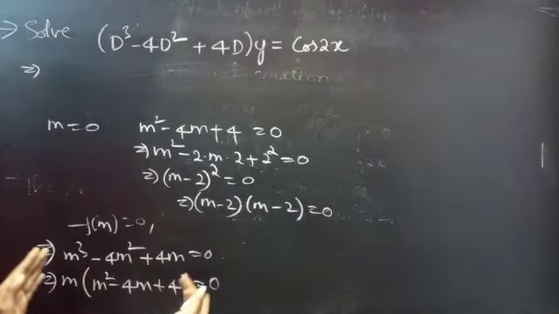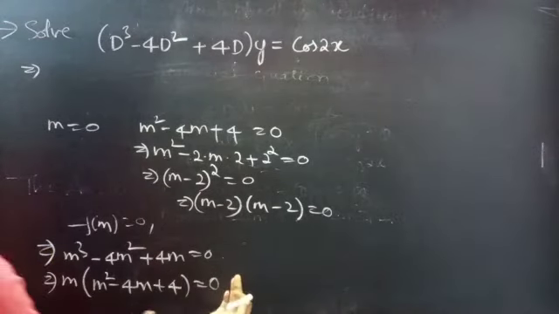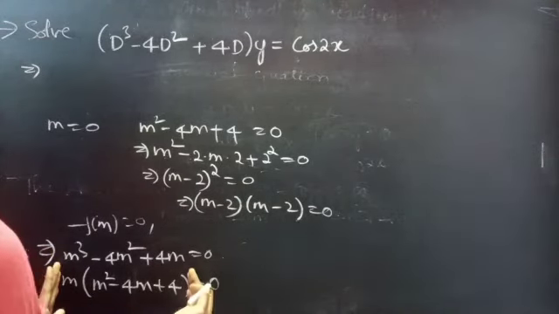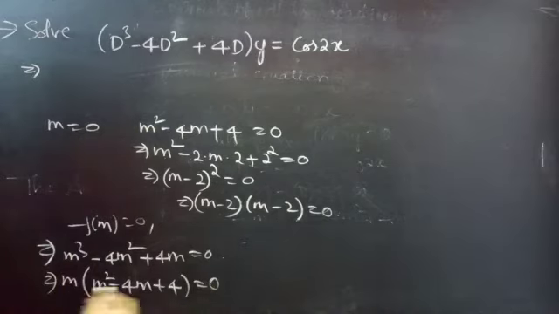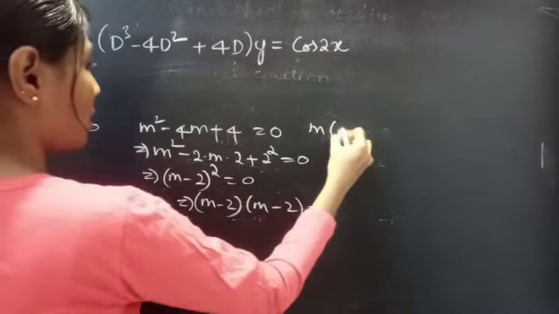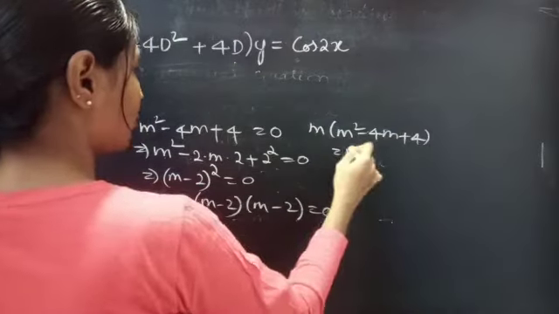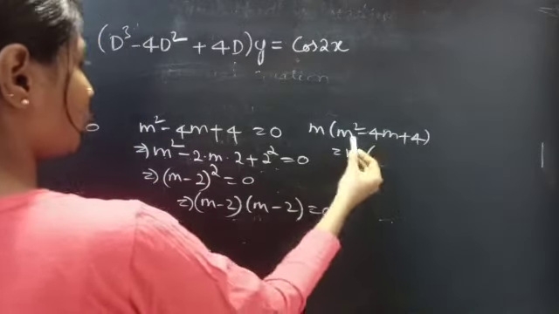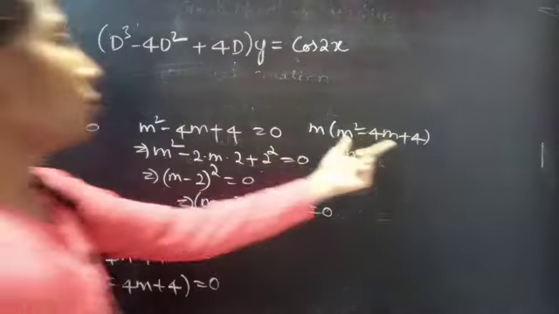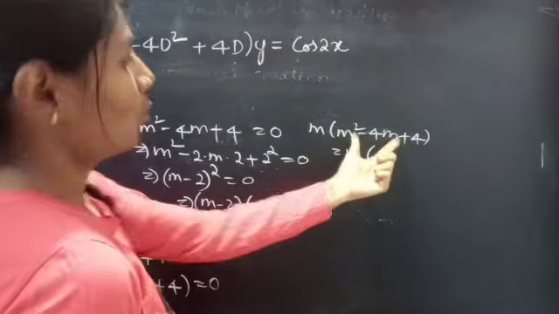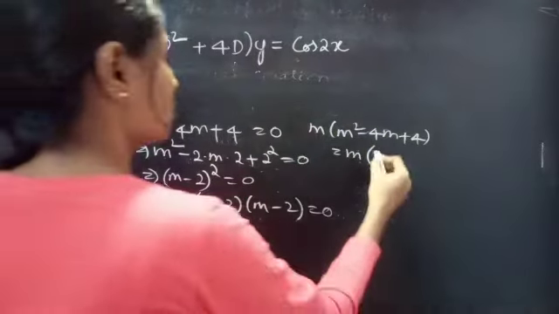Now we can write this polynomial, I'm not talking about the equation, just the polynomial, m into (m square minus 4m plus 4) as the product of m into the factors obtained from this polynomial, m minus 2 into m minus 2.